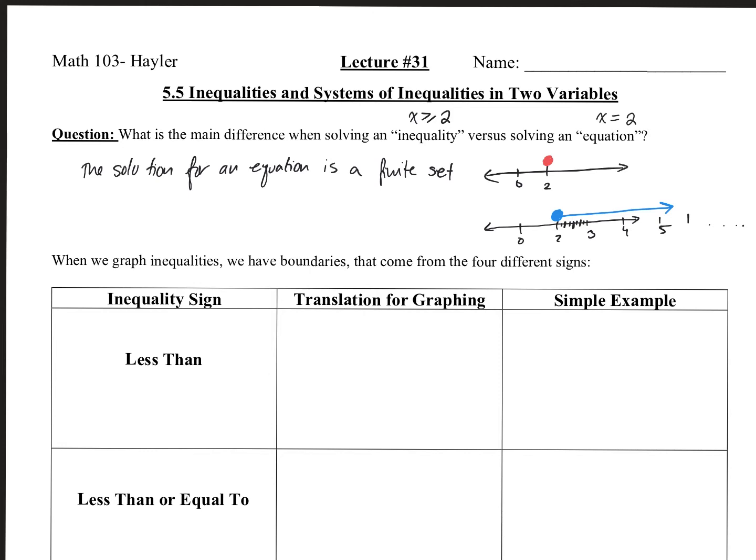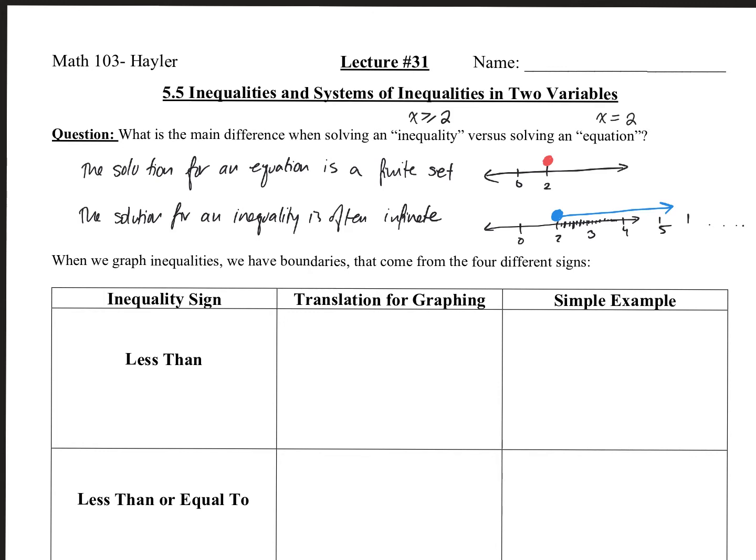There are infinitely many solutions. So the solution for an inequality is often infinite.